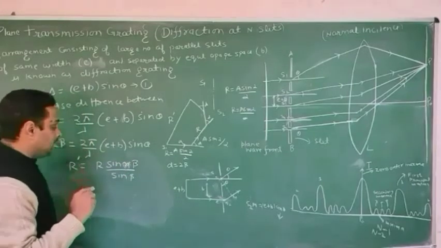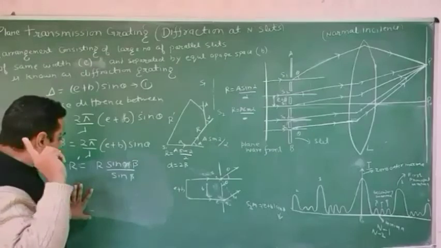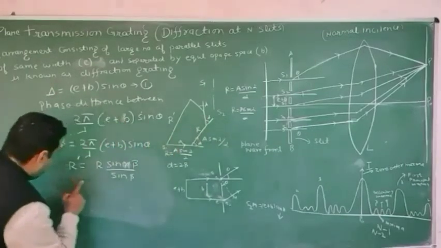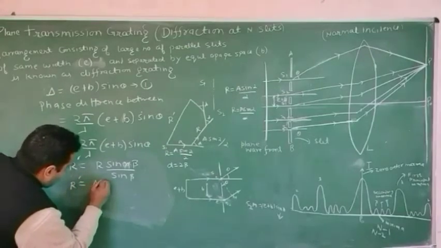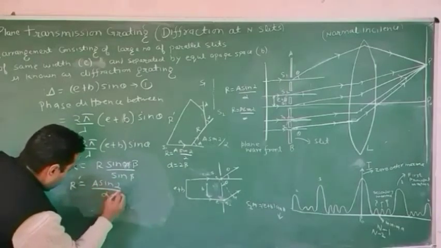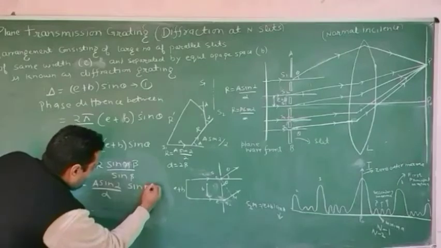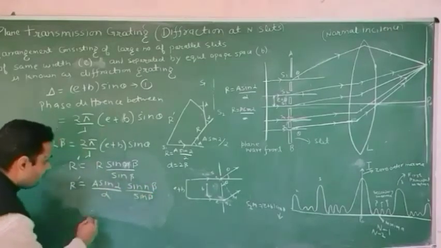We already discussed this in our single slit diffraction lecture. Now R is basically A sin alpha upon alpha, so R dash is A sin alpha upon alpha times sin N beta upon sin beta.